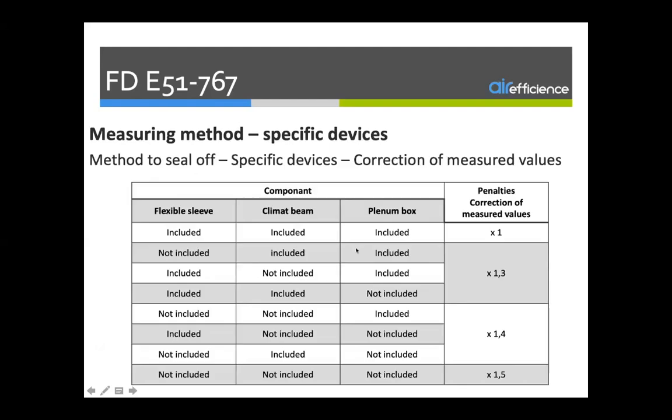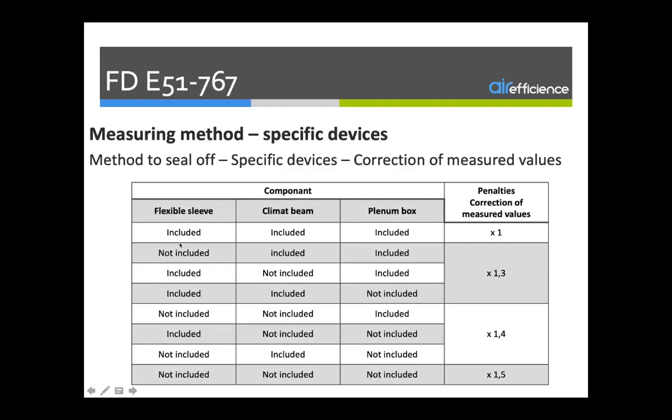So, if these components are included or not, the FDE 51767 gives penalties, correction of measured value, and for example, on the ductwork tested, there are flexible sleeve, climate beam, and plenum box.